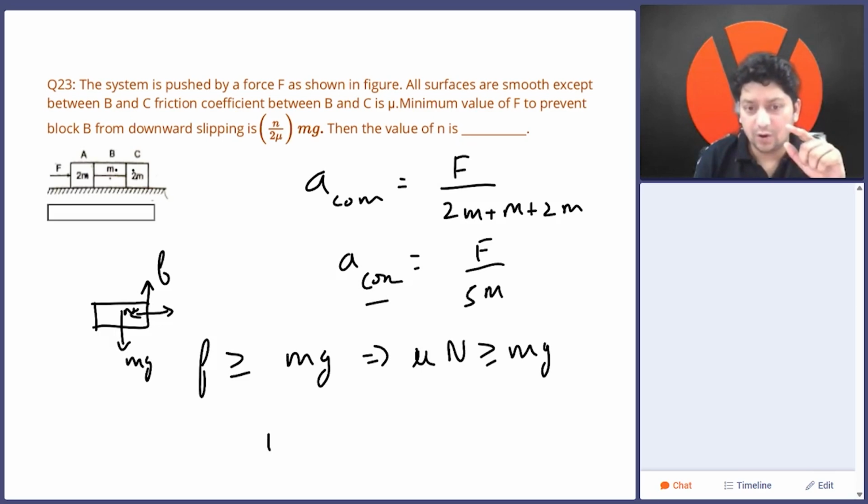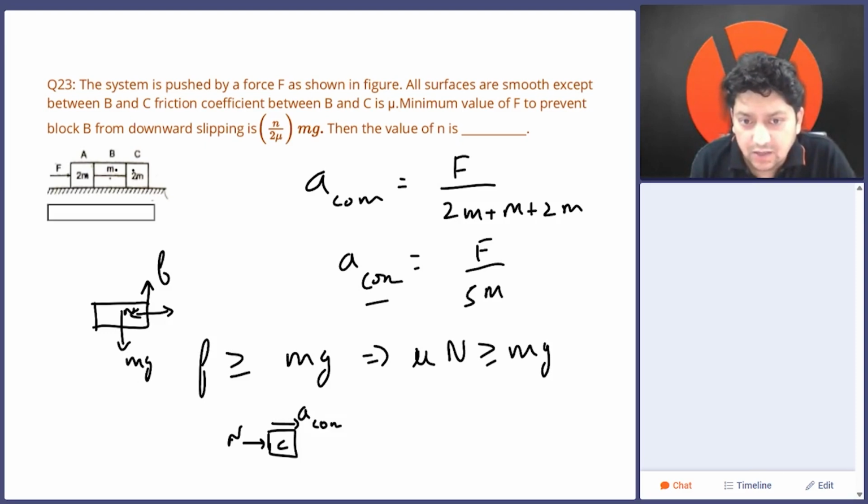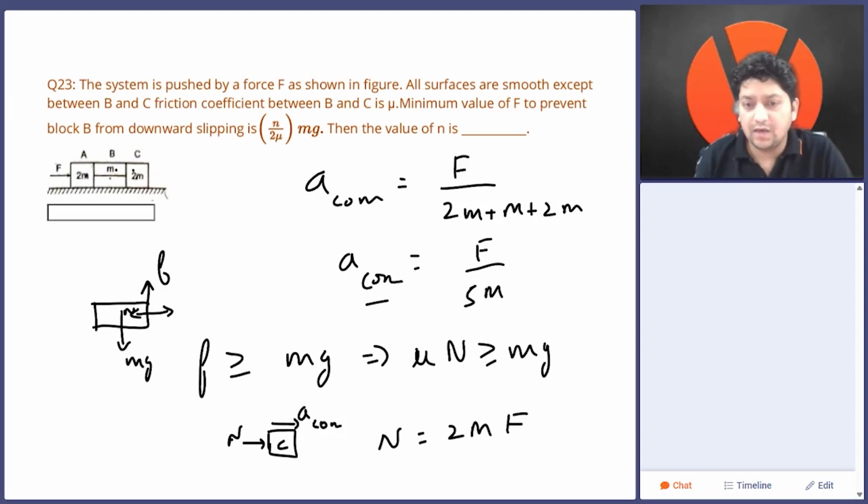And for C block, the force which is applied on C block, due to which it is moving with common acceleration, will be equal to 2m into a common. A common is F by 5m, so 2F by 5. This will be the value of normal reaction.